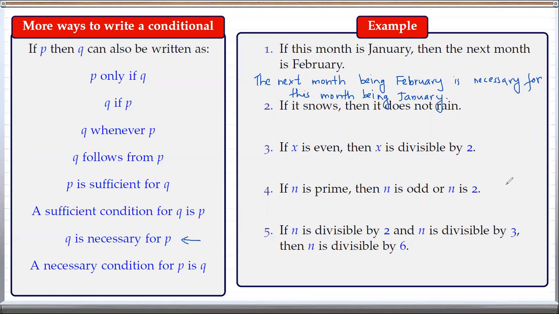Let's look at one more example with this one. Let's look at the fourth statement. So again, we have Q is necessary for P. Our Q is this part: n is odd or n is 2.